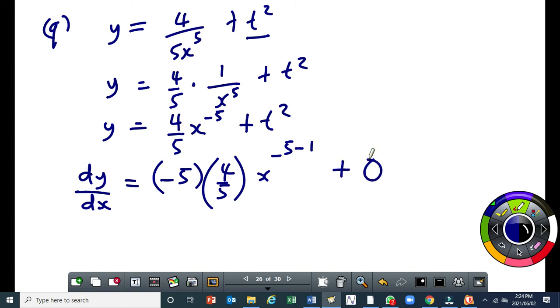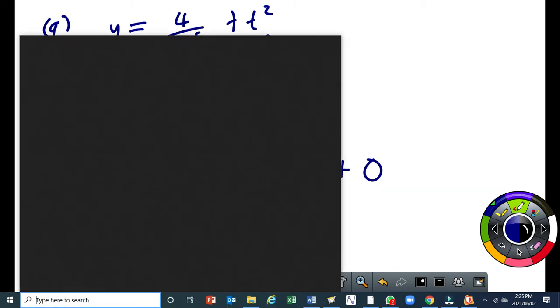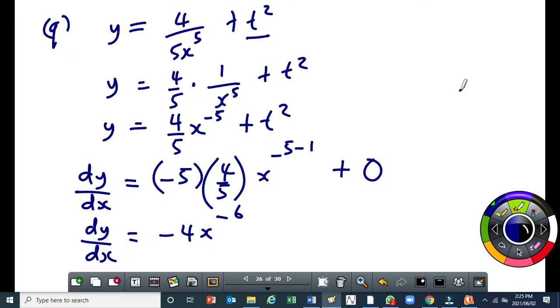So this 5 and that 5 cancel, you'll be left with that minus. So our final answer, that is dy over dx, will be equal to minus 4x to the power of negative 6. This part that you are doing is very important for your calculus.